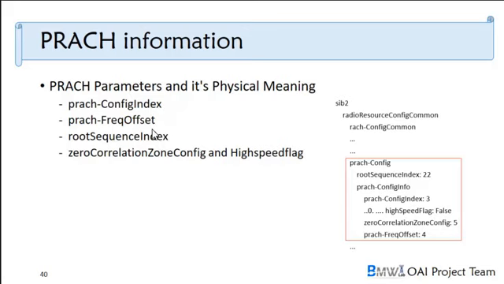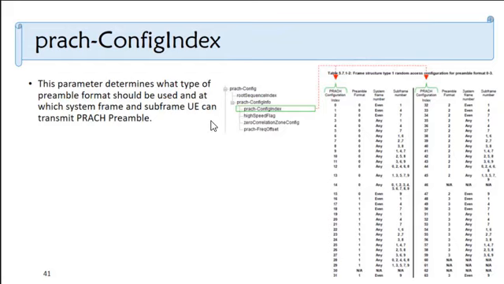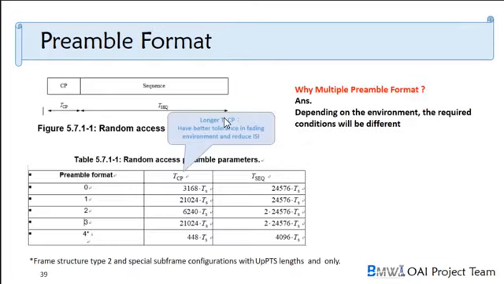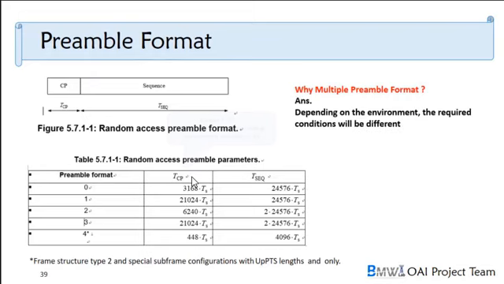It has the prach-ConfigIndex, prach-FrequencyOffset, rootSequenceIndex, and so on. In the beginning, I will talk about the prach-ConfigIndex. The prach-ConfigIndex determines what type of preamble format I showed before. With this you can determine which format we want to use.